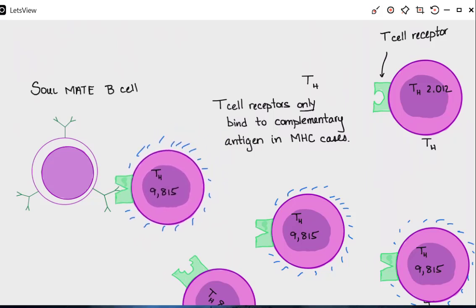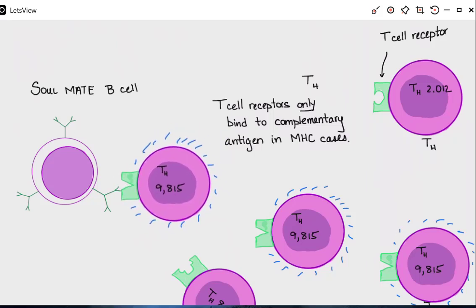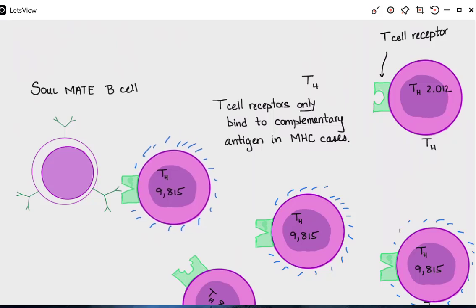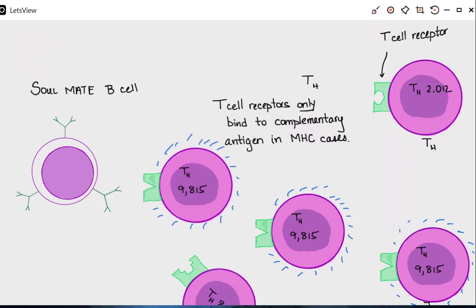So how are they going to match? I don't know. See, we can look at these and go, yes, these are matching. They have the same cutout. But they don't have eyes. They can only do touchy-feely. So there's no way for these guys to touchy-feel and go, hey, do you have the same, complementary cutout that I have? I don't know.